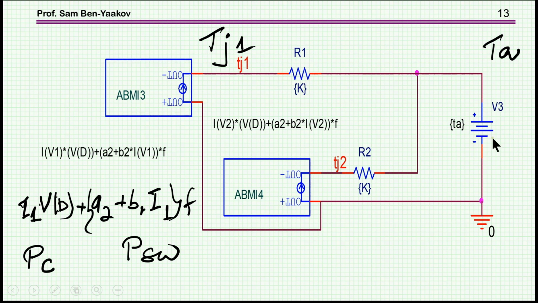This is the ambient temperature, it's a voltage. Now the definition of these current sources, the power, is first of all the static power, which is the current, say I1 of one transistor, times the voltage across it. I1 is I(V1), that is the current through V1.